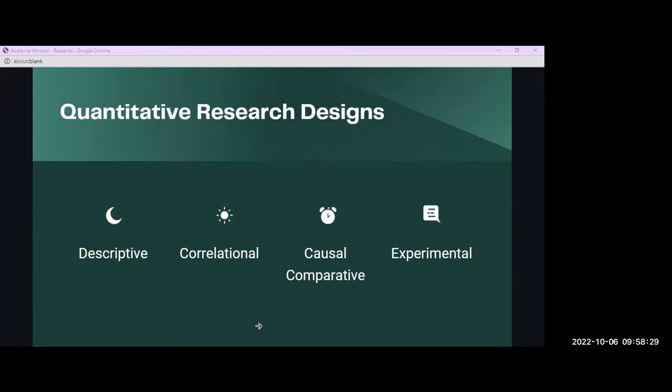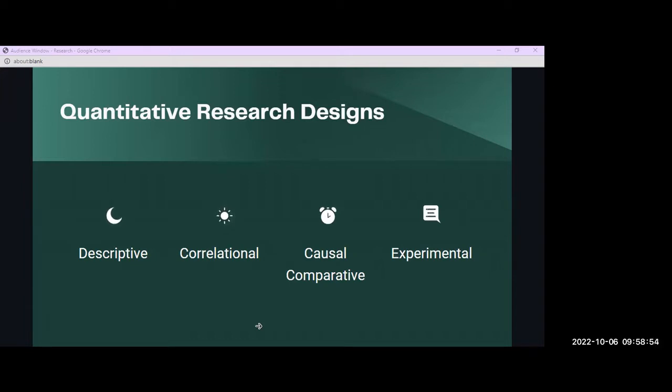It would mean that if there is an increase in job satisfaction, it would also likely increase the work productivity of teachers, if the result is significant. So that is correlational research. If we want to link two or more variables, then we will utilize the correlational research design.